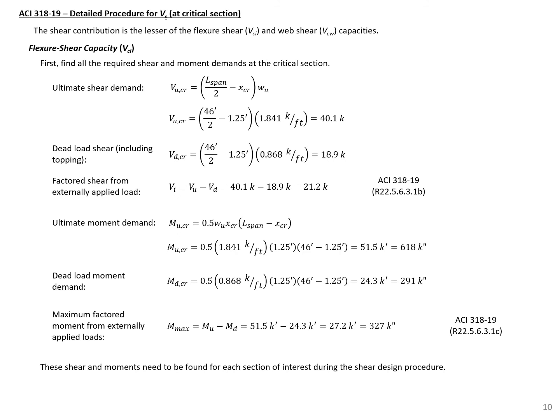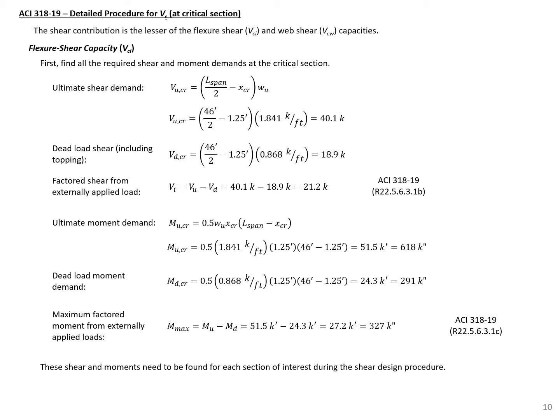The next part of the problem is to repeat what we did on the previous slides, but using the ACI 318 detailed procedure instead of the simplified procedure. To do this, we need to calculate a few other shear demands and moments than we had before.